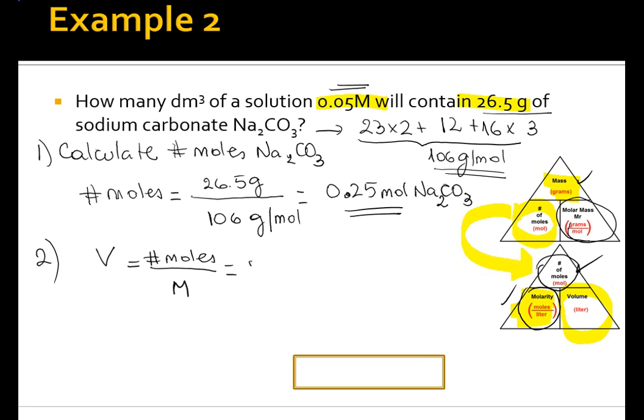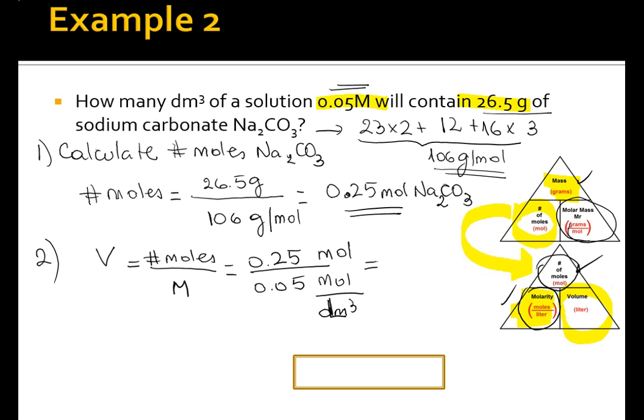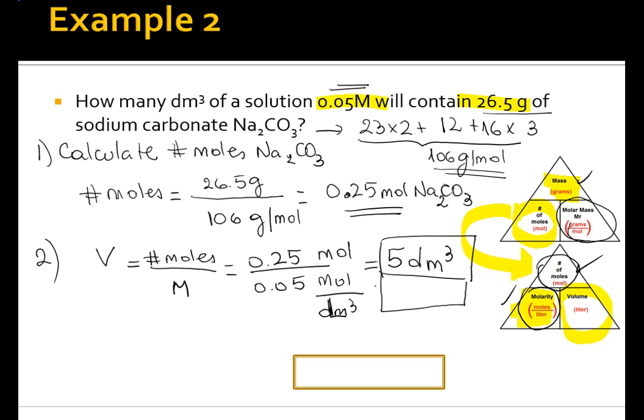So the number of moles is 0.25, the molarity is 0.05 molar, this is moles per liter, or decimeters cubed in this case, which are equivalent numerically. So the answer for this is 5 decimeters cubed. If they ask us the volume in decimeters cubed or liters, it's going to be 5 liters.